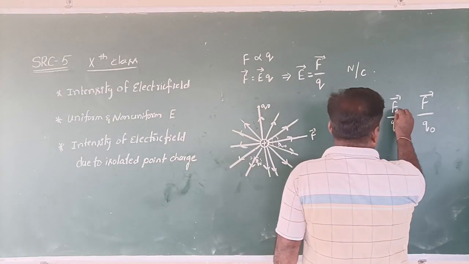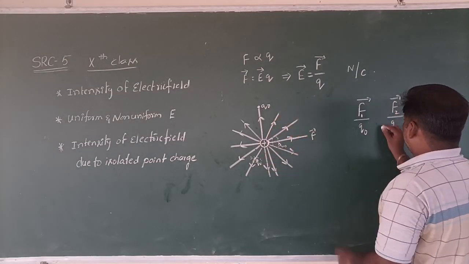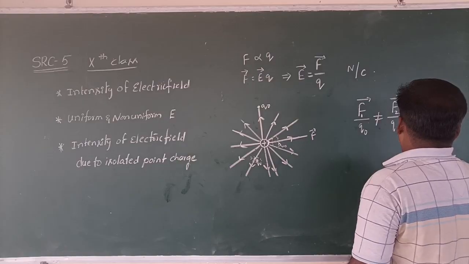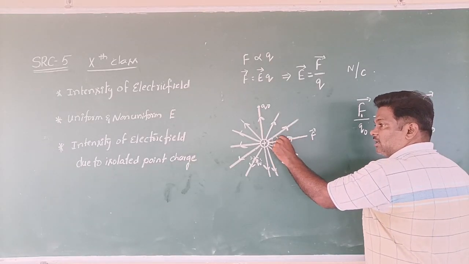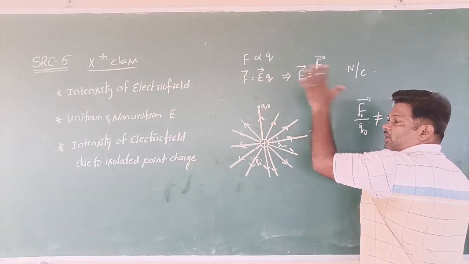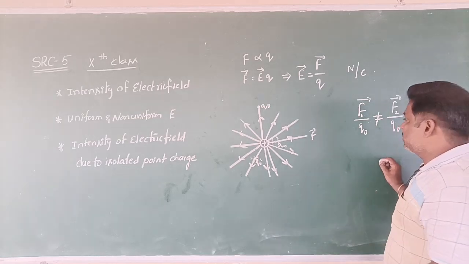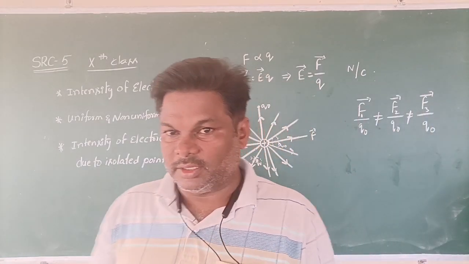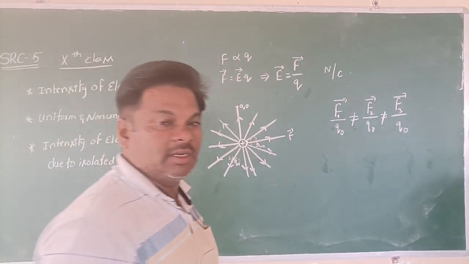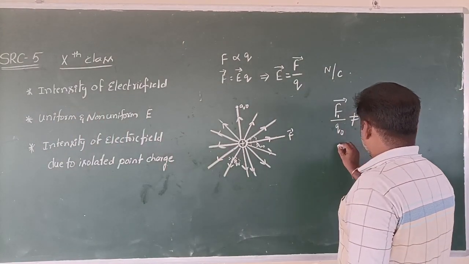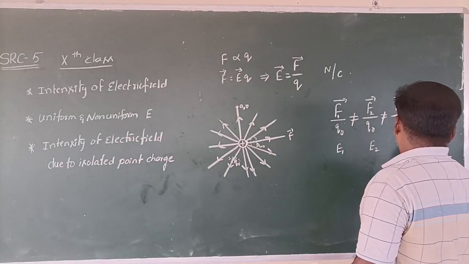If you name these forces F1, F2 and F3, they are not the same. They experience different forces when very near, at a somewhat far distance, and at a far distance. So the electric field intensity is different at different locations. This is E1, this is E2, and this is E3.